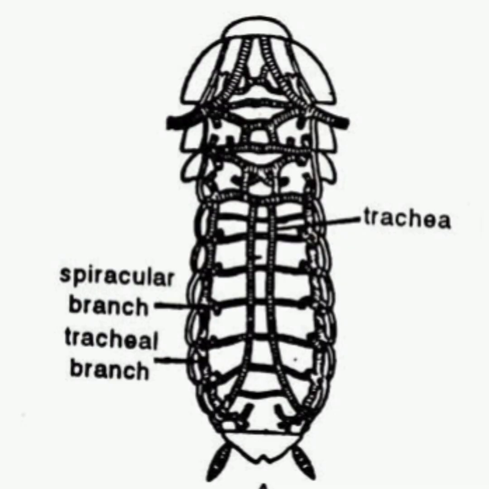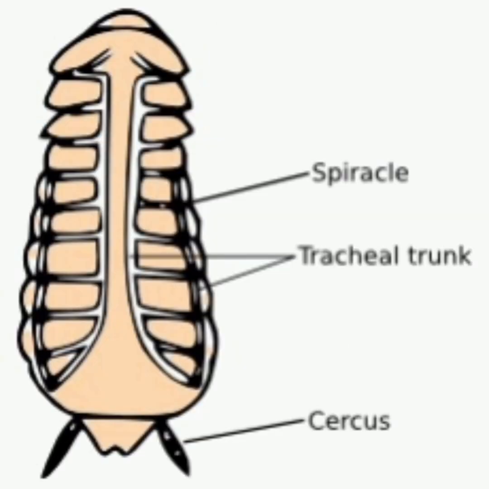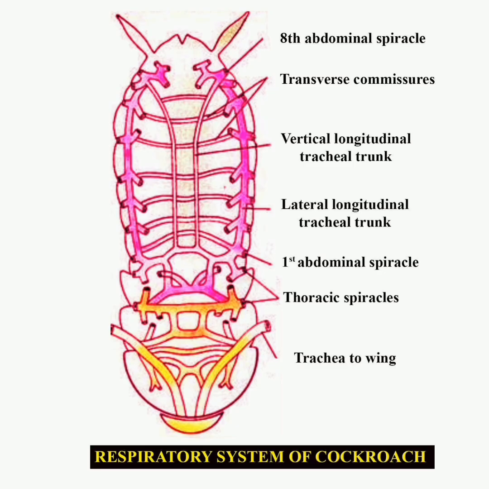Okay, respiratory system. Network of trachea, means here tracheal respiration is the only respiration seen in this cockroach. 10 pairs of spiracles guarded by sphincters. Tracheal tubes give rise to tracheoles, which carry O2 from the air to all parts through diffusion. Excretion.